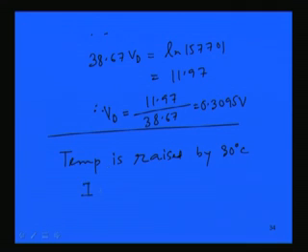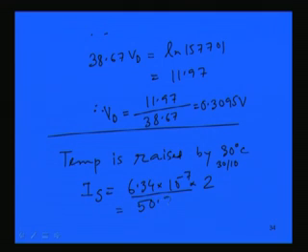So, the new saturation current will become, earlier it was 6.34 into 10 to the power minus 7, and that will now be increased by a factor of 2 to the power 30 by 10, which means 2 to the power 3, 8 times. So, 8 times 6.34 into 10 to the power minus 7 becomes 50.72 into 10 to the power minus 7 ampere, the new reverse saturation current.